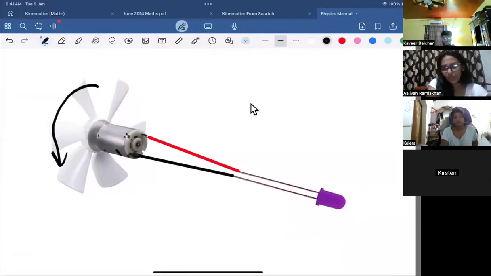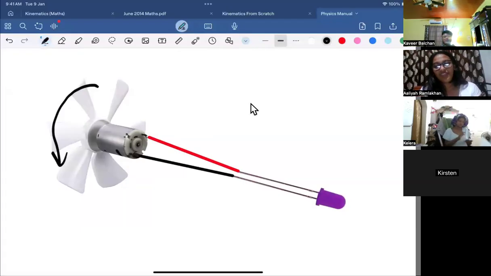Yes, it will turn on. Kira, if I spin the fan, what will happen to the light? It will come on. But will it stay on? No. Justin, why wouldn't it stay on?